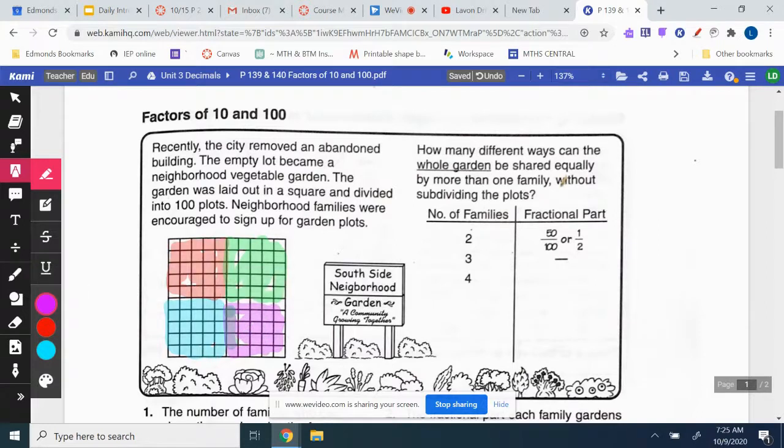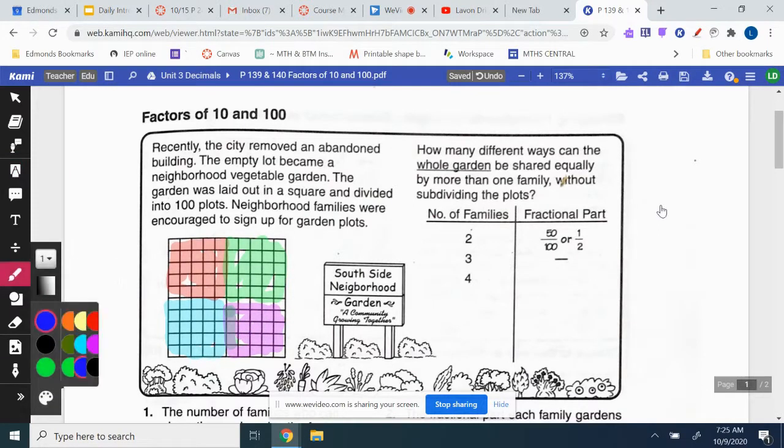So if I look at that, each person would get 25 out of 100, or as you can see, 1/4.